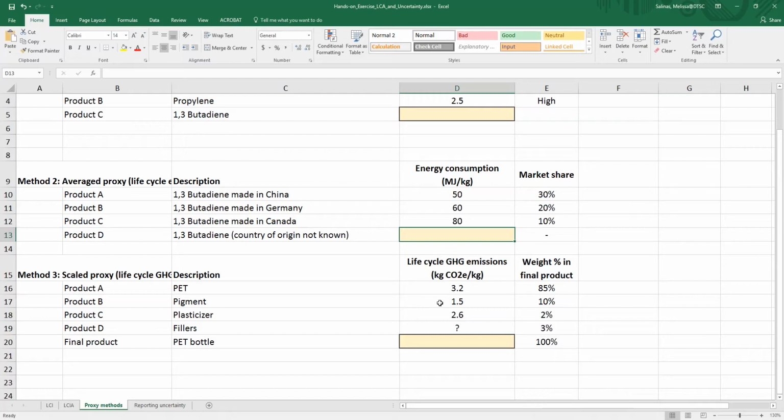In that case, we didn't know the upstream lifecycle environmental impact, the greenhouse gas emissions, of fillers. So we can use the remainder of the components as the proxy and extrapolate that to calculate 100% of my product's greenhouse gas emission impact.